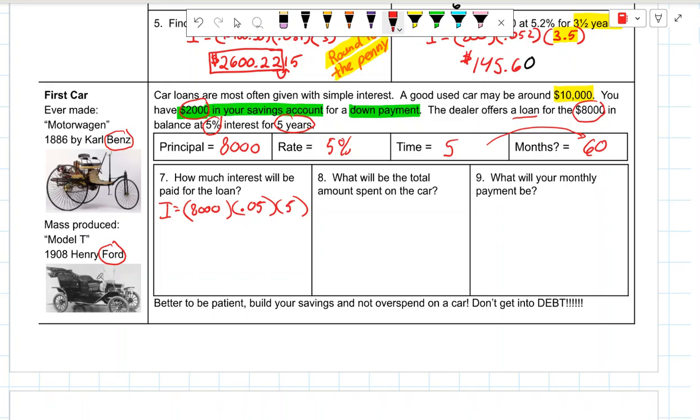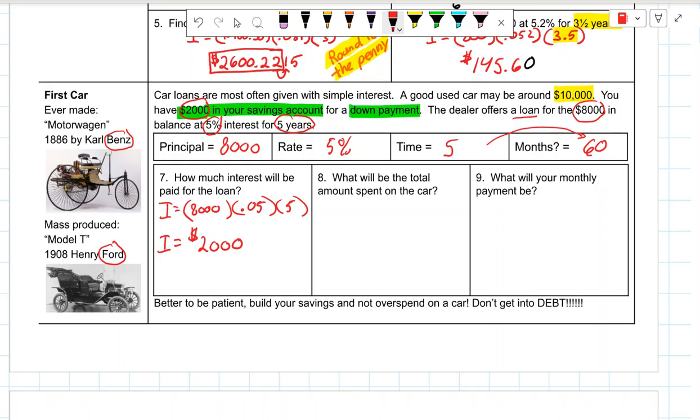So then you put that in your calculator. 8,000 times 5/100 times 5 is $2,000. Now that's just the interest. That's not even a piece of the car. That's what you've got to pay back for taking on a loan.